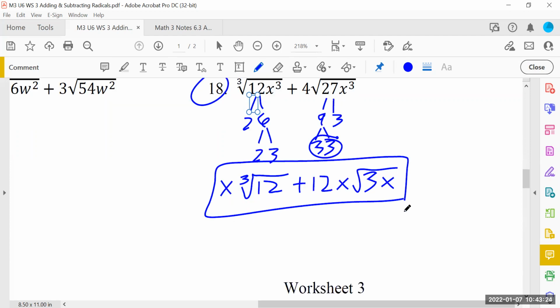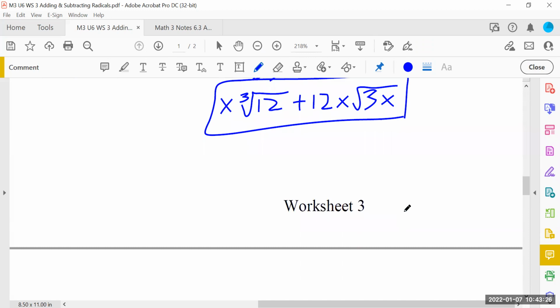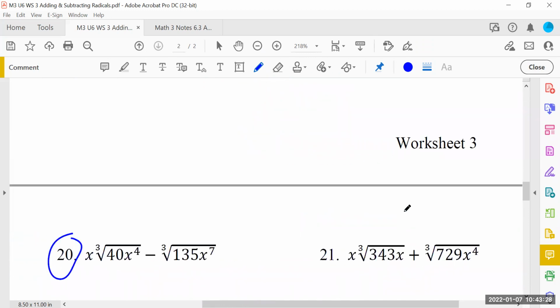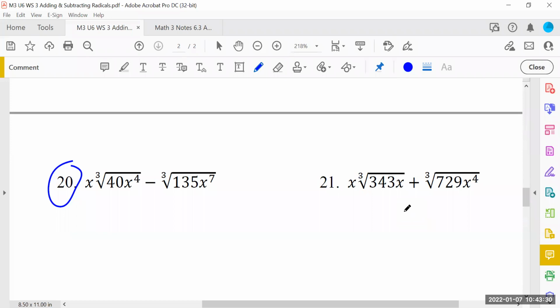Let's try 20. So for 20, we had to reduce it all the way. If you have the answer for the reduced one, you can give it to me. If not, we'll work it out. Kathy, did you manage to reduce that first cube root?